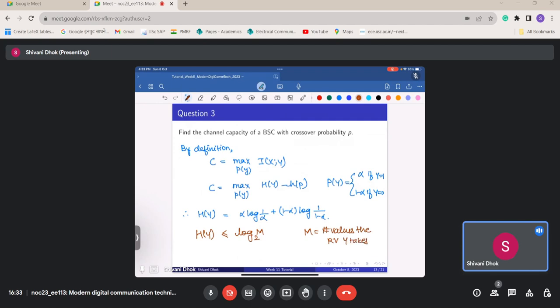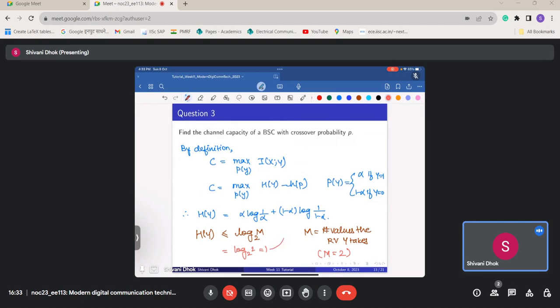So here, how many values does this random variable Y take? Only two values, that is 0 and 1. So for our case, m is equal to 2, and therefore this comes out to be log 2 to the base 2, which is equal to 1. So we know that H(Y) is less than or equal to 1.